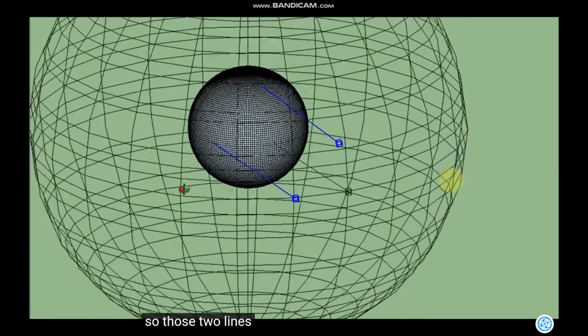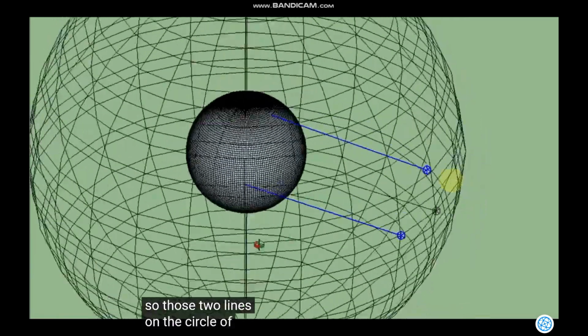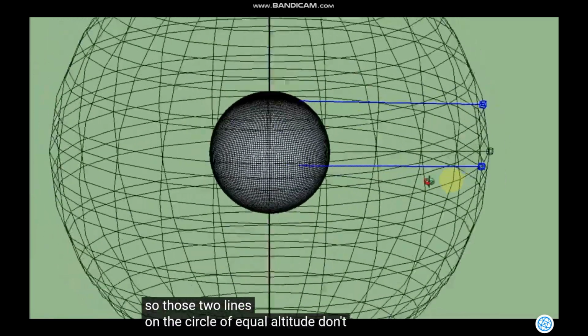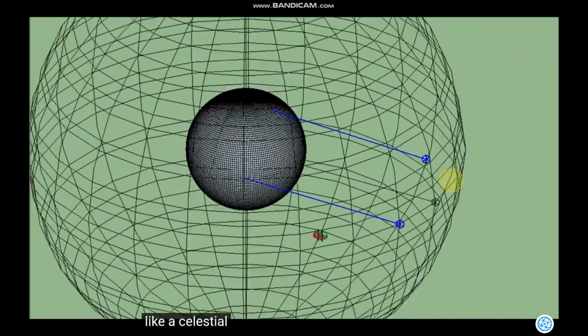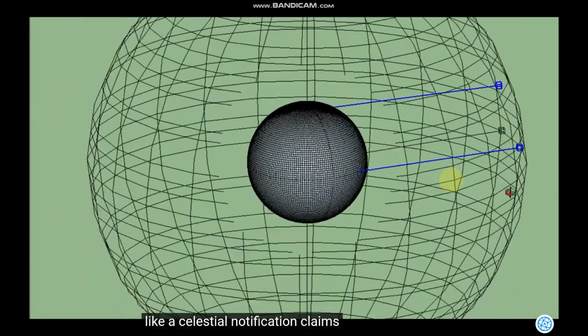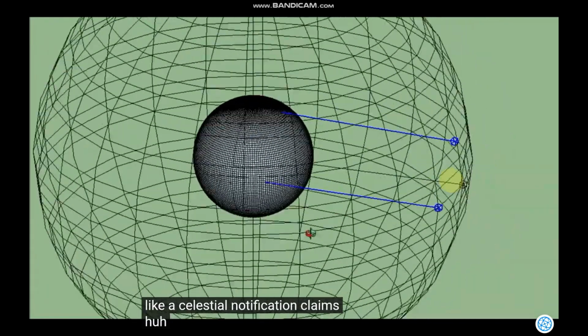So those 2 lines on the circle of equal altitude don't triangulate like celestial navigation claims. Huh.